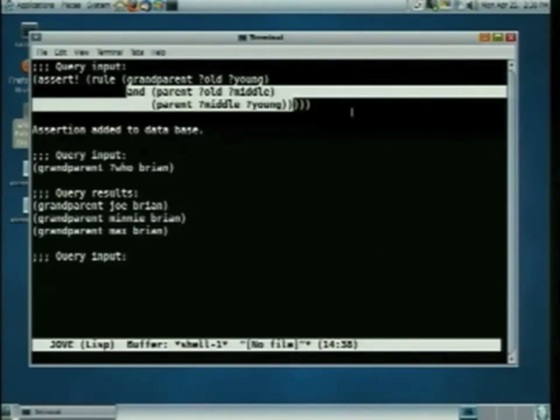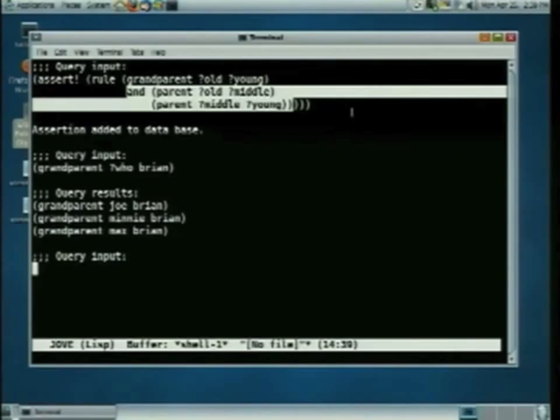But then we have to also satisfy parent ?middle ?young. So in the case parent, Tessa, Bob, we've bound old to Tessa and middle to Bob. And now we have to match parent, middle, young. Middle and young are both bound. Middle is Bob, young is Brian. Is Bob the parent of Brian? No, he's not. So we reject that particular set of bindings.